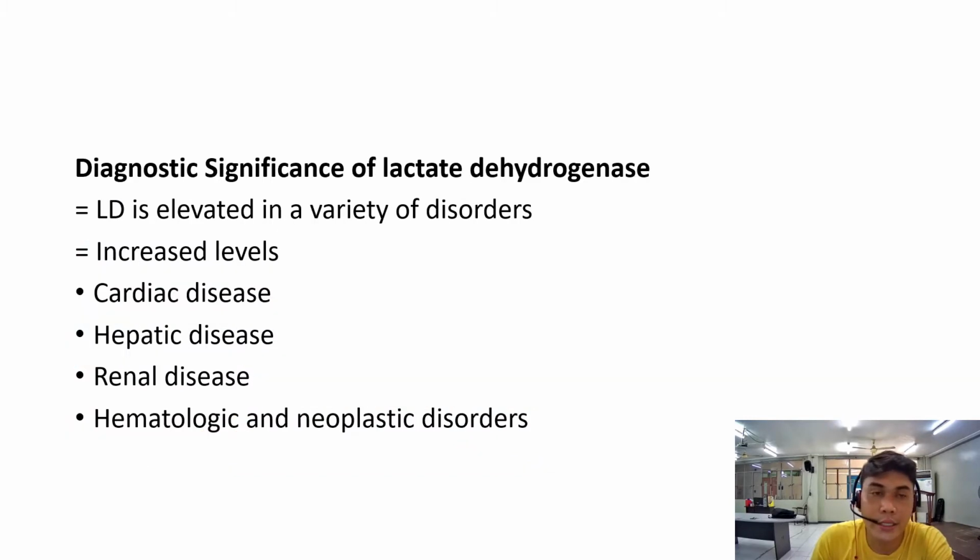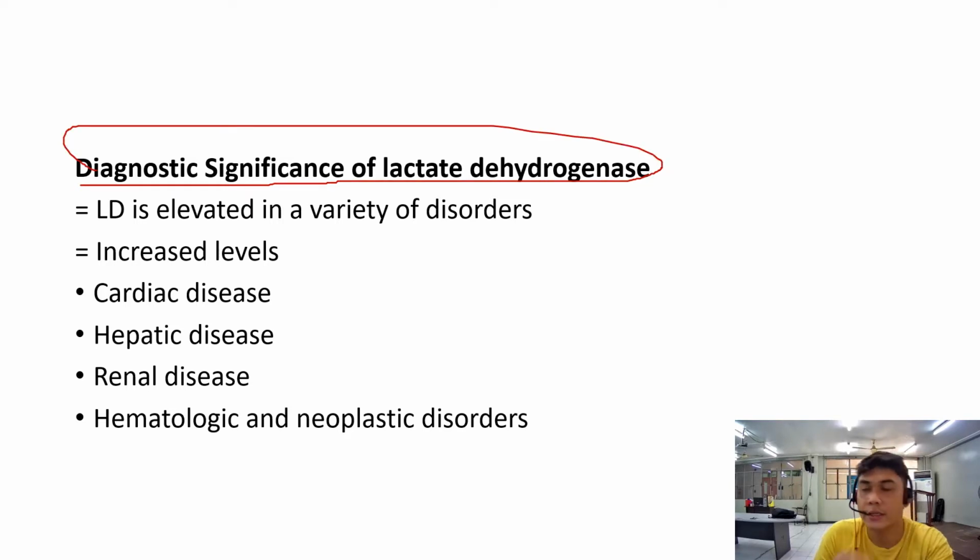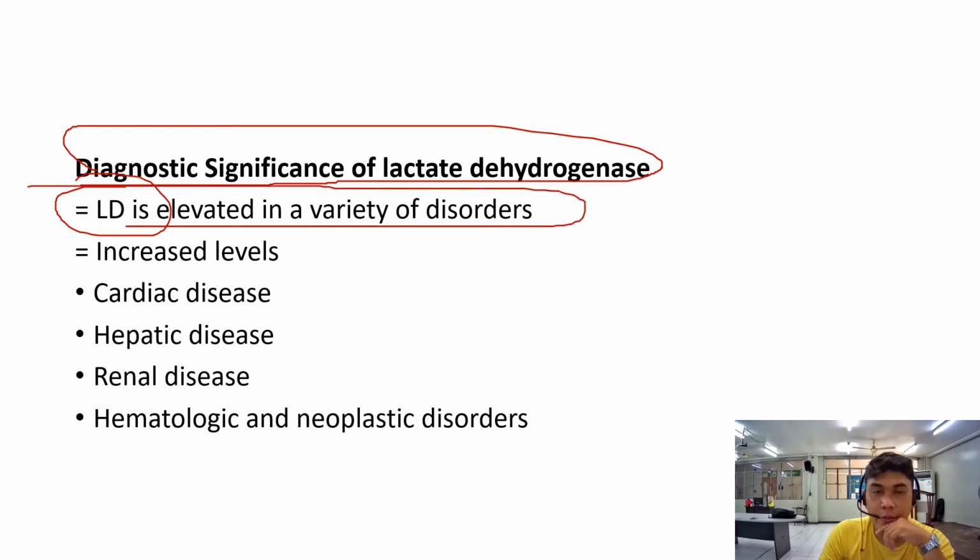Next is the diagnostic significance, or the disease correlation, of lactate dehydrogenase. Now, regarding LD, it is elevated in a variety of disorders, so an increase in total LD is not specific.